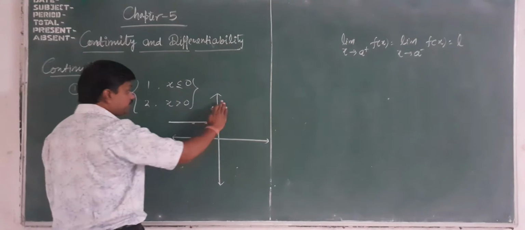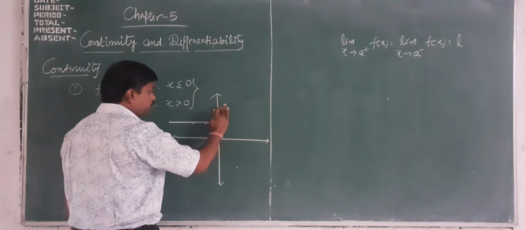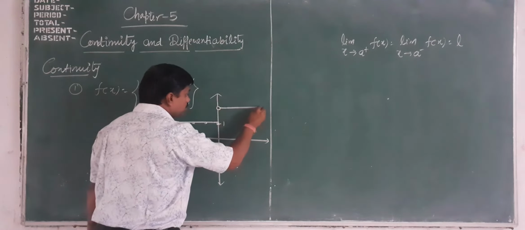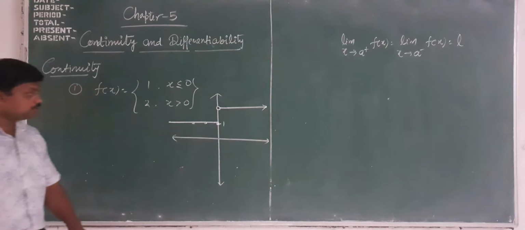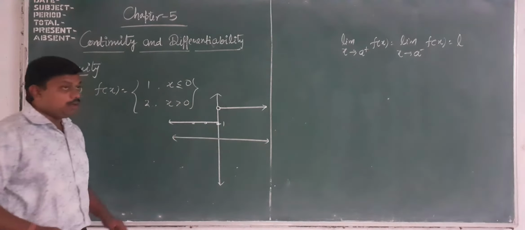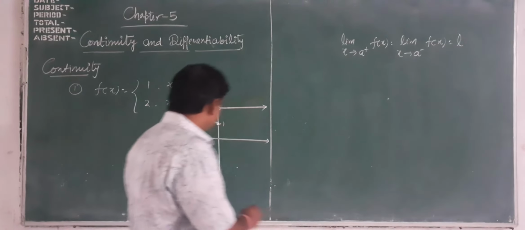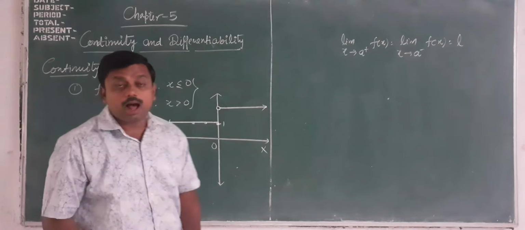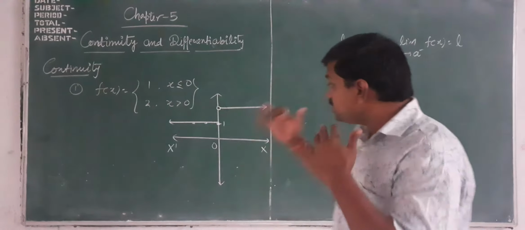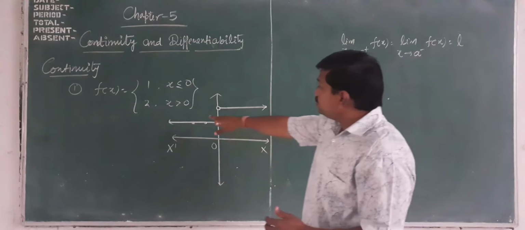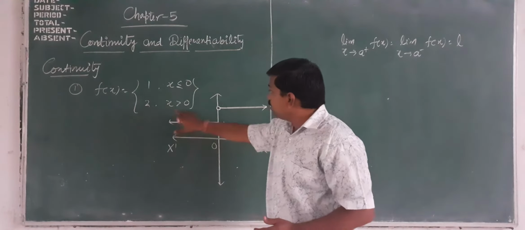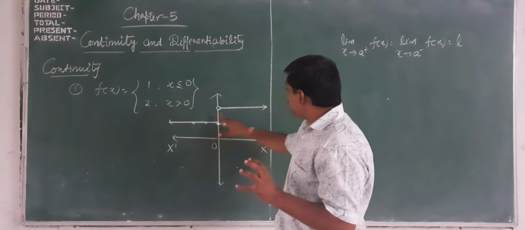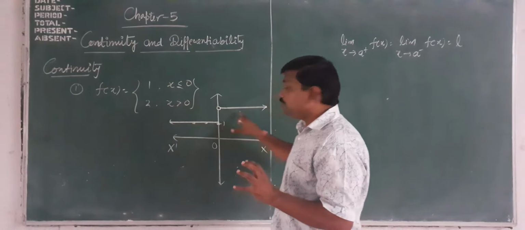If x is greater than 0, the value is 2. From the graph of this function, we can easily see that this portion is one part of the function, and this portion is another part of the function.